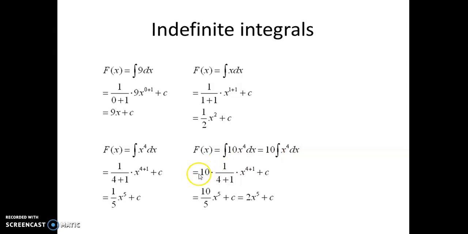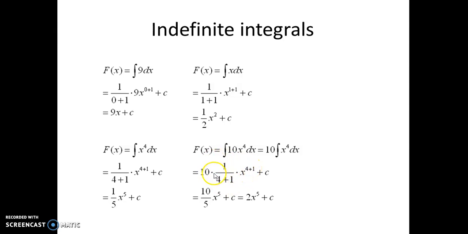So notice I've got my constant there, but I'm going to multiply that once I've dealt with the function. So x is raised to the power of 4. So n is 4. So therefore it is x to the power of n plus 1, which will give me 5. And then I've got 1 over n plus 1. So 1 over 4 plus 1 is 1 over 5 x to the power of 5.